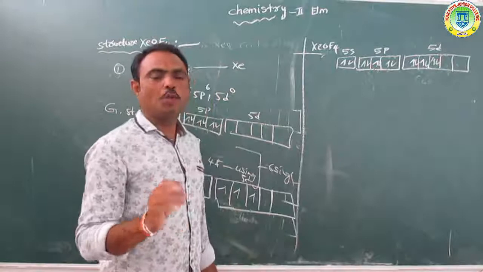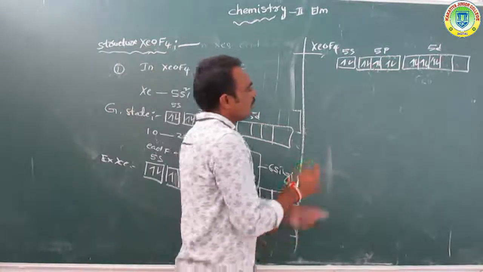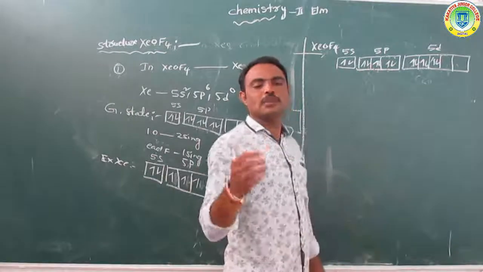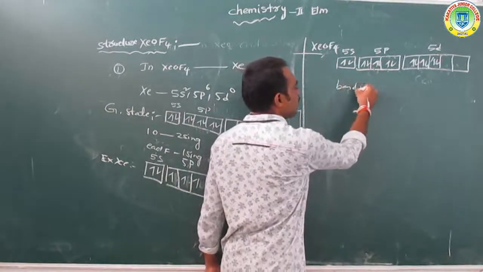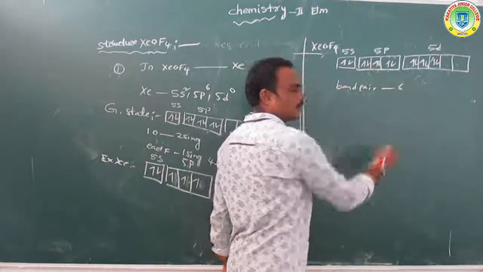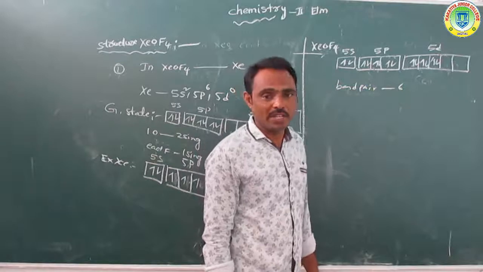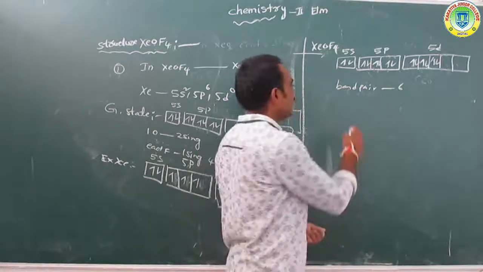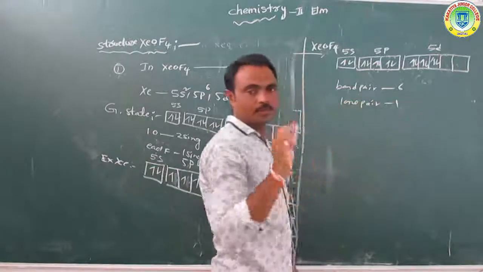Here, how many bond pairs and how many lone pairs? 6 pairs participate in the bond formation, so overall bond pairs 6. Only one pair does not take part in bonding, so there is only one lone pair.